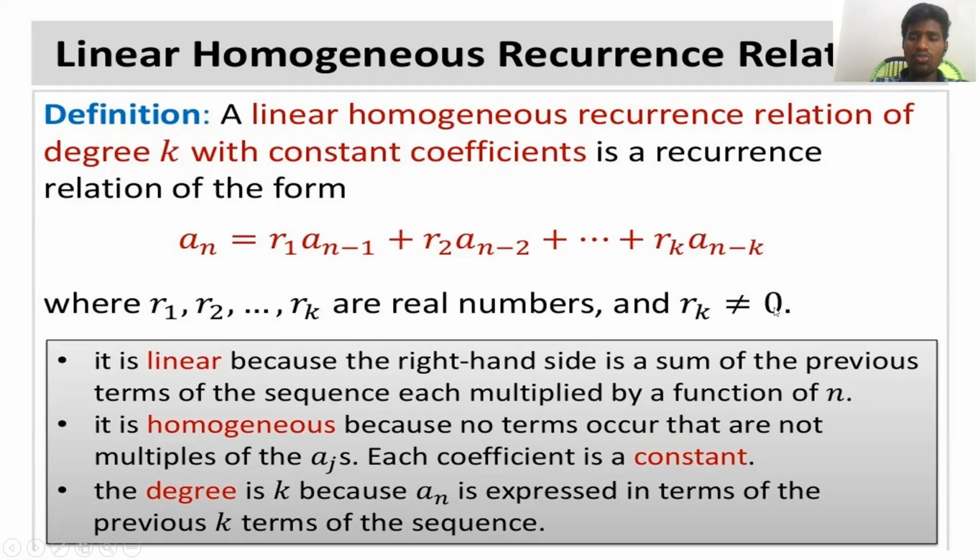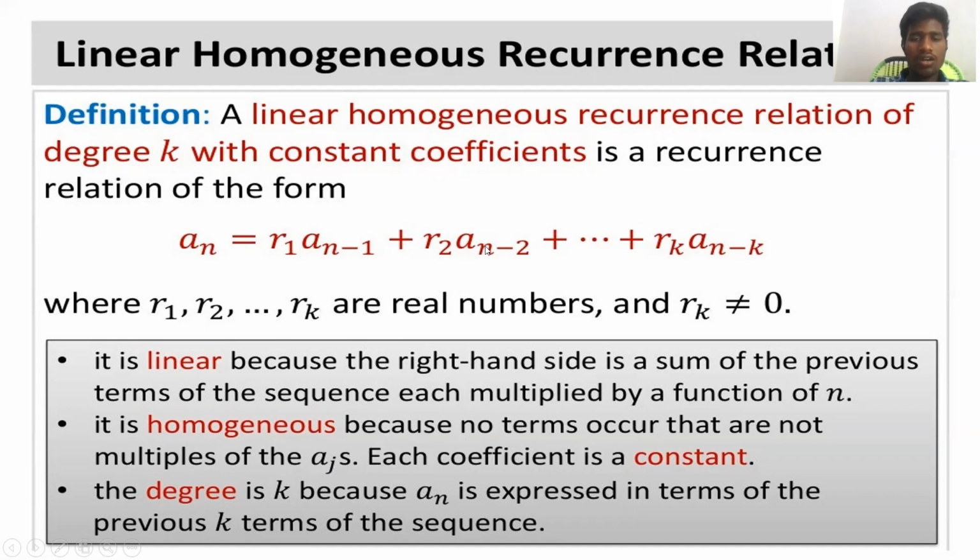It is linear because the right-hand side is the sum of the previous terms of the sequence, each multiplied by a function of n. It is homogeneous because no terms occur that are not multiplied by some a. Each coefficient is a constant.